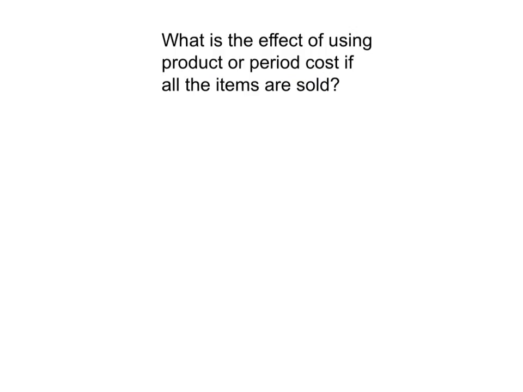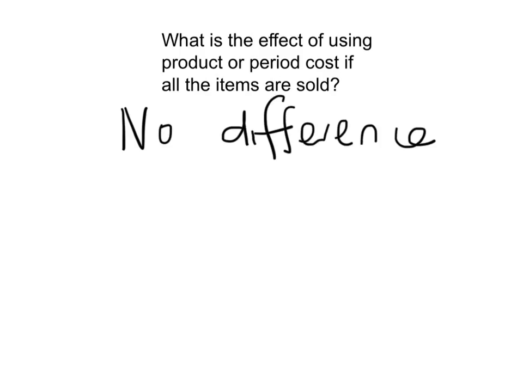So last question, what is the effect of using product or period cost if all items are sold? And the simple answer is no difference. If we think back to that original example with 10 items, we're selling them for $300 a pop.